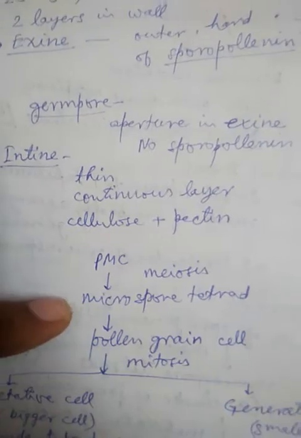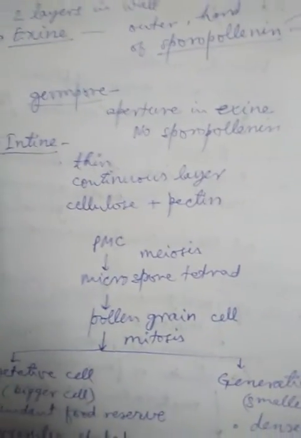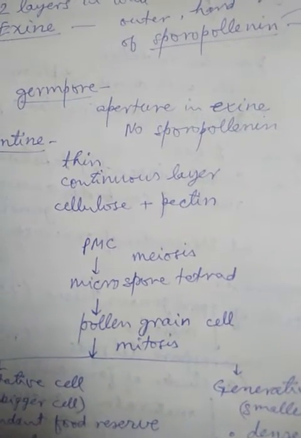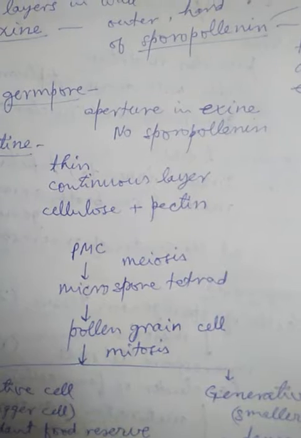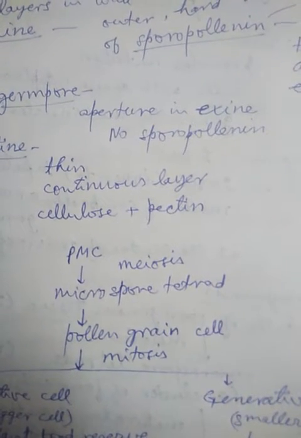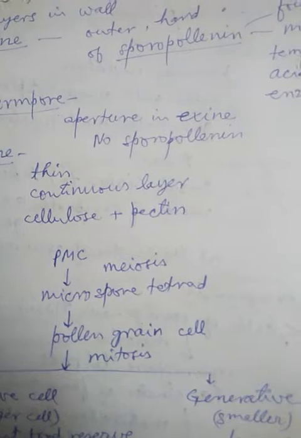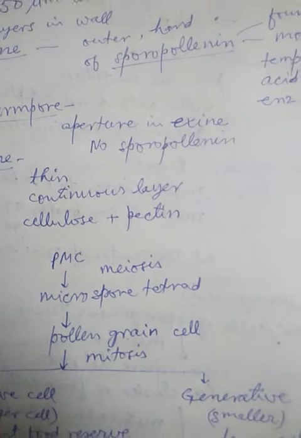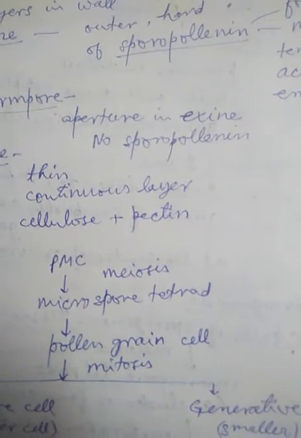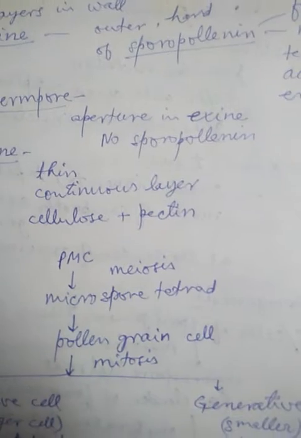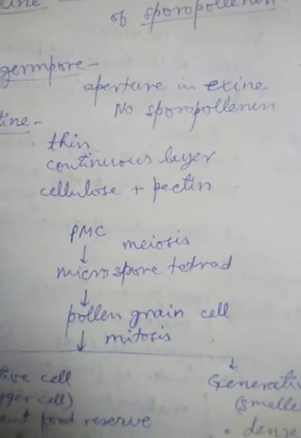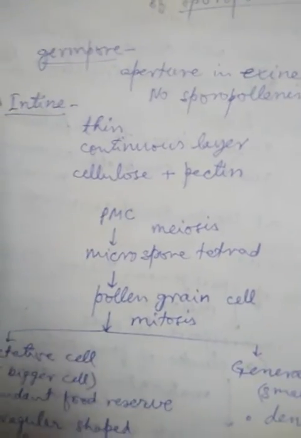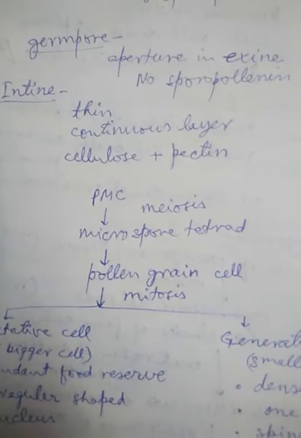Then this microspore tetrad starts maturing, and during this maturation process, the pollen of the tetrad separate and become independent pollen grains, and finally the mature pollen is formed and it is released after the dehiscence. However, if you see the activity inside the pollen, there are certain more things to add over here.